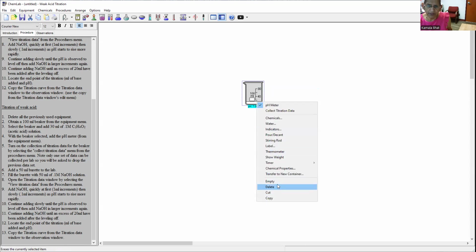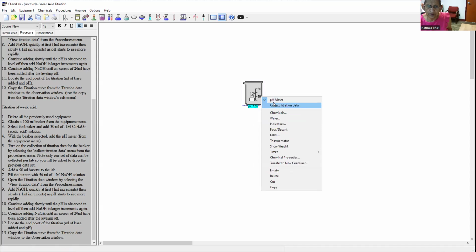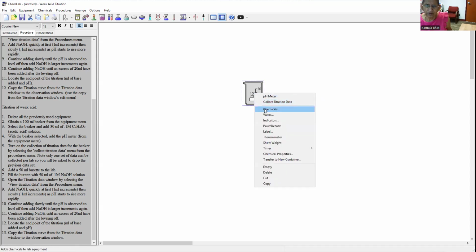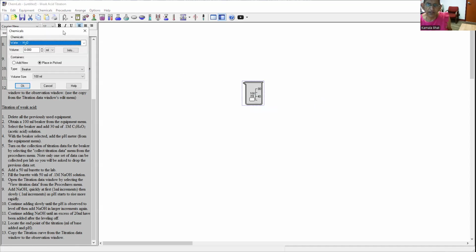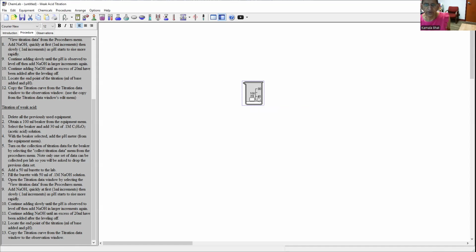So go back and empty the beaker, remove the pH meter, go back to the chemical, and make sure you do not make a mistake of reading your chemicals like I did before. So it does happen, therefore be very cautious and cognizant about what you are doing. Put the pH meter in, and there you are, ready for your titration.